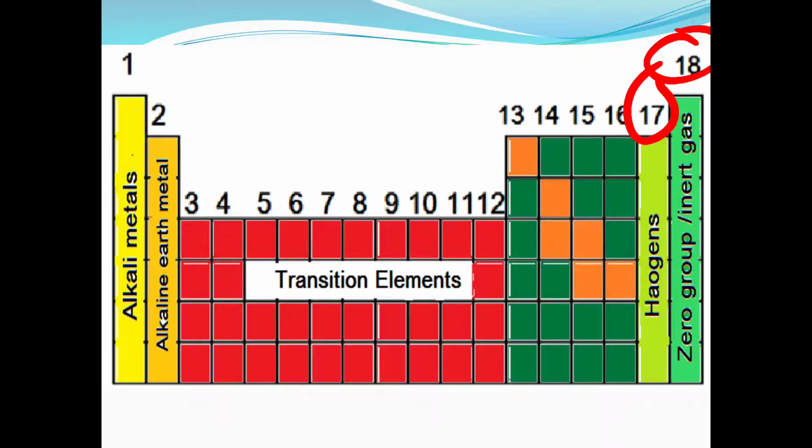Zero group means all the elements having valency 0 are placed in group number 18. As the outermost orbit of these elements is fulfilled, they are unable to react with any other element. That's why they are called inert gas. Inert gas means the gases which are unable to react with any element. So these elements are called inert gas, or we can say the noble gases.